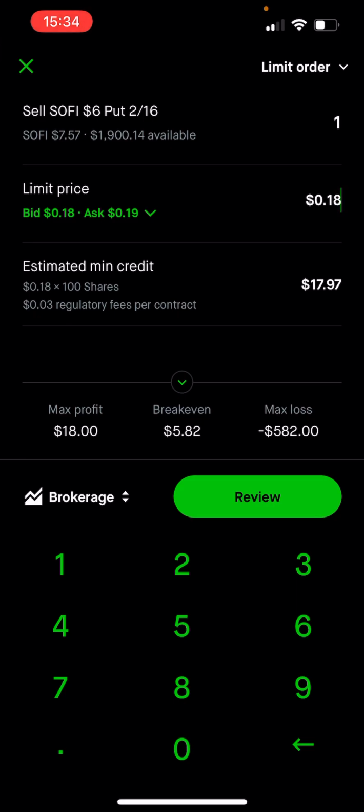So that would give us 2.9% per month. And then if we wanted to see what our yearly ROI would be on this, we times that by 12, which would be 35.9%. So if we were to be able to do this trade continually throughout the year, we would be making about 36% of return on investment.